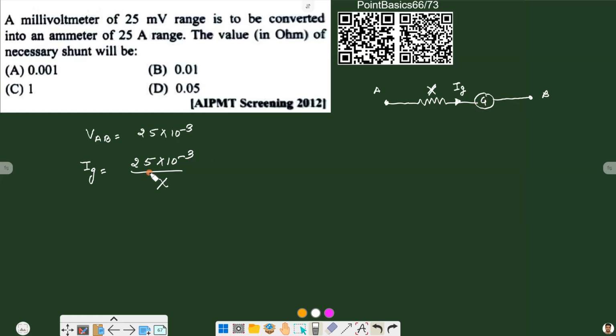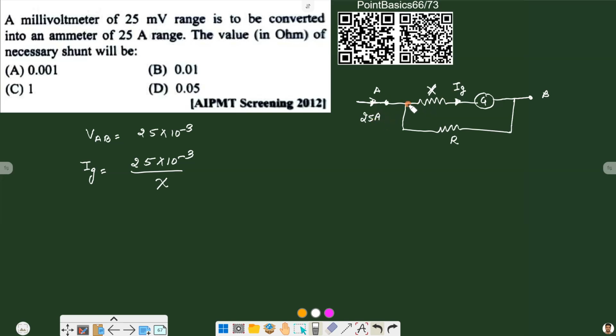We are taking their combined resistance as X. Now we need to convert it into an ammeter. To convert into an ammeter, we add a shunt resistance R. Now it is mentioned that the current flowing in the circuit that needs to be measured is 25 ampere.